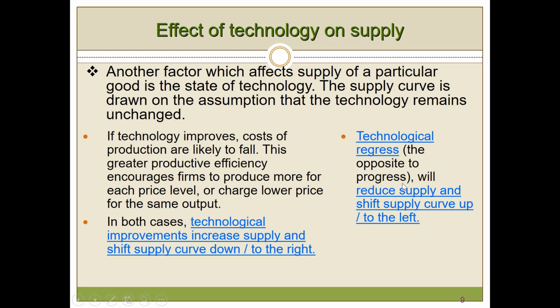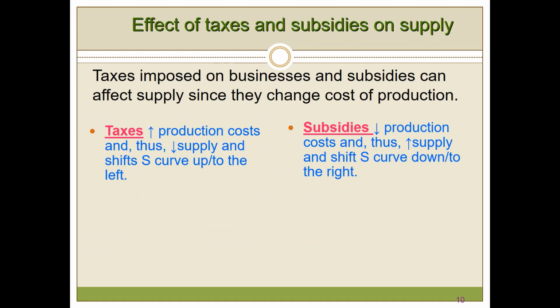However, we can be subject to this in case of various natural disasters, for example, tsunami or earthquake, which destroys the major manufacturing facility, and we'll have to start from scratch, or in case of wars, revolution, riots, and so on, when we lose our ability to produce products as effectively as previously. This will increase costs of production, will reduce supply and shift supply curve upwards and to the left.